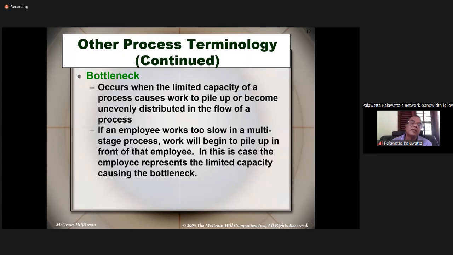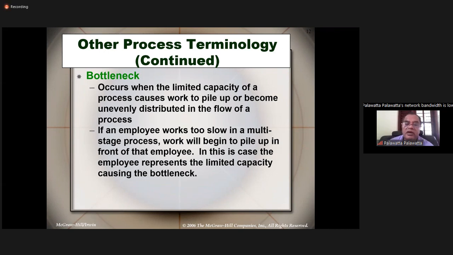And then bottleneck. The concept of bottleneck occurs when the limited capacity of a process causes work to pile up or become unevenly distributed in the flow of the process. Bottleneck happens when, let's say, an employee works too slow in a multi-stage process, work will begin to pile up in front of that employee.